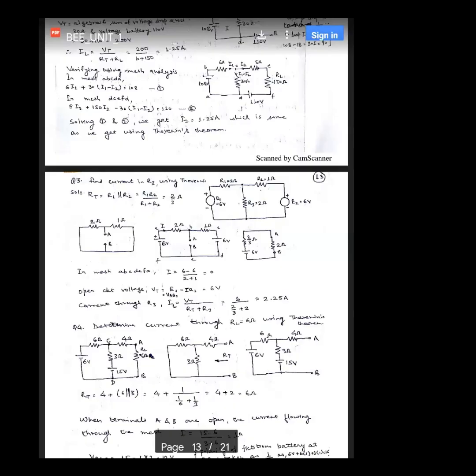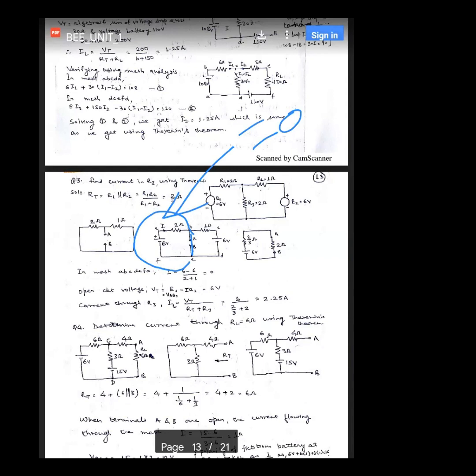Is this clear? Open circuit voltage is the voltage which is across the load resistance. So we have to calculate the open circuit voltage between A and B. Let us consider this loop. In this loop, the current I is already calculated as 0.